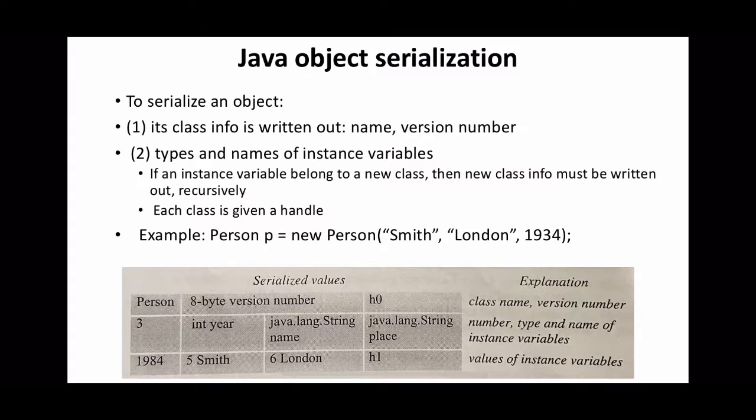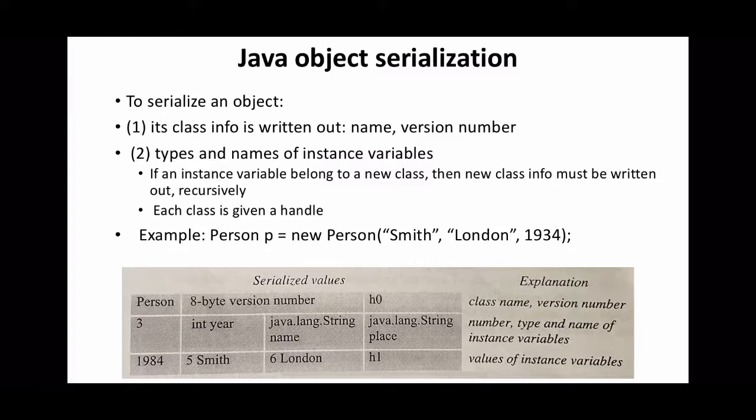That will be written first, and after that the information about the corresponding instance will be written, like the number of instance variables, and the name and type of each instance variable, and finally the values of the corresponding instance variables. If the instance variables belong to new classes, then their class information must also be written out, followed by the types and names of their instance variables, etc.